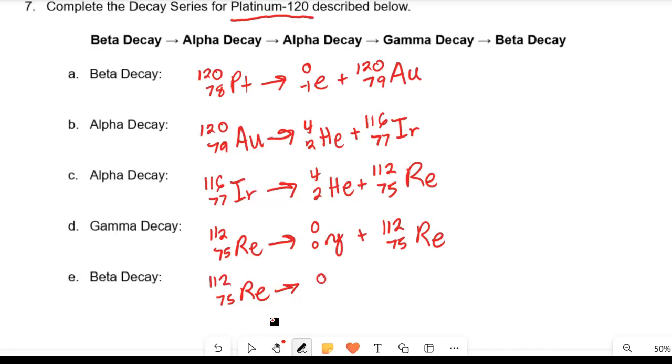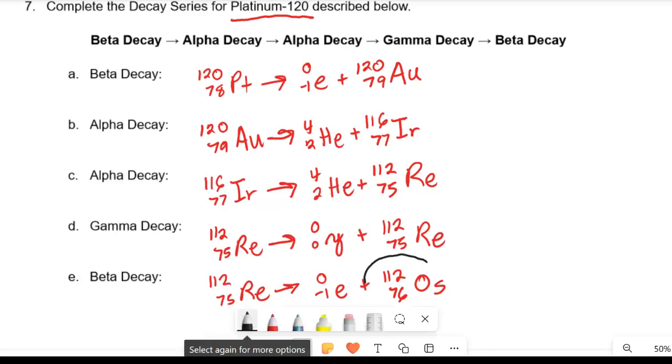So again, it releases a beta particle. 0 plus 112 is still 112. And we have what number minus 1 gives us 75? That would be 76. And so our final product from this decay series is 112, 76 Os.